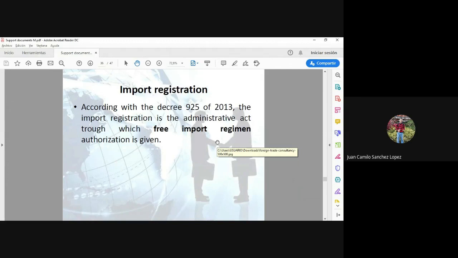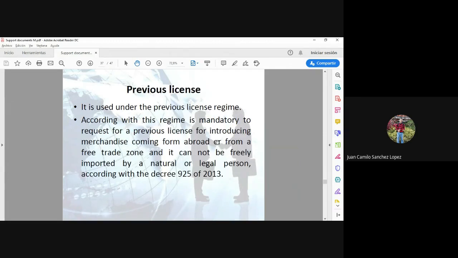Don't confuse the import registration and the import authorization with the approvals. The approvals are other documents, some special documents. So if you're going to import a product, you need to get the import registration. And the previous license: there are some products, it is kind of related with the approvals, but again, don't confuse it. There are some products that need a previous license.